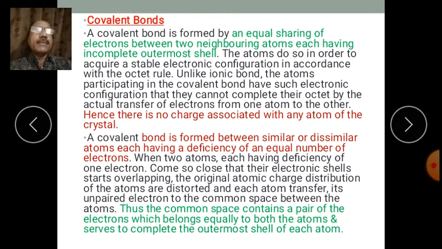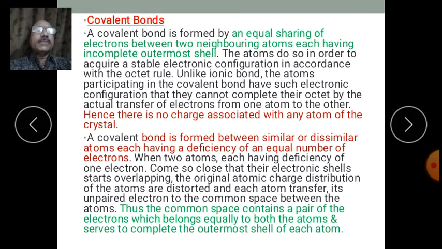These atoms may be similar or dissimilar. Therefore, the covalent bond is formed by an equal sharing of electrons between two neighboring atoms, each having an incomplete outermost shell. Their valency should be the same.